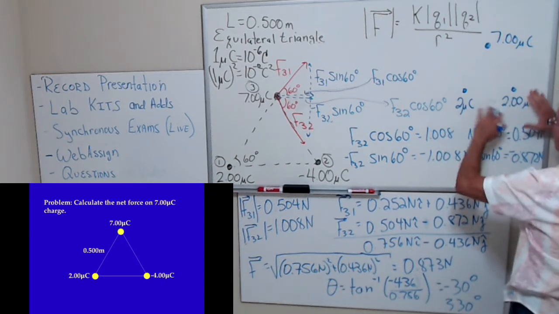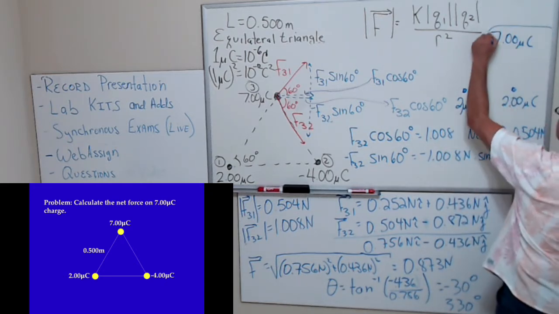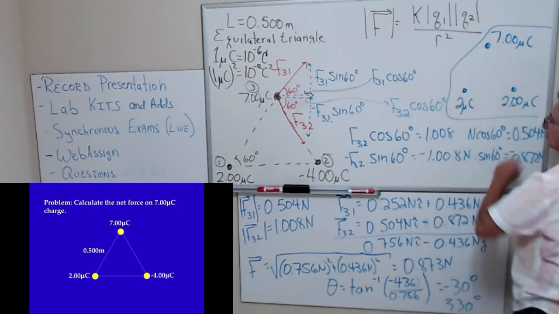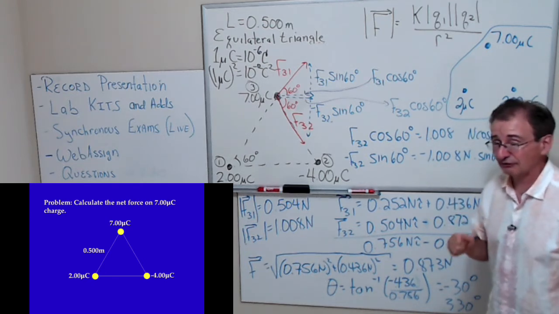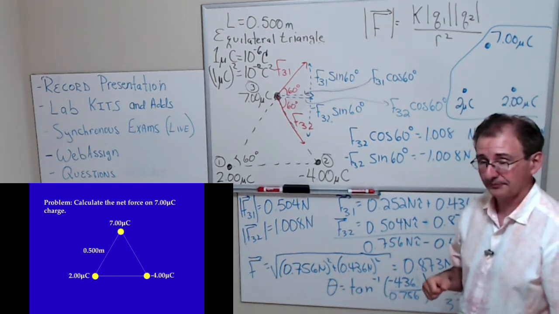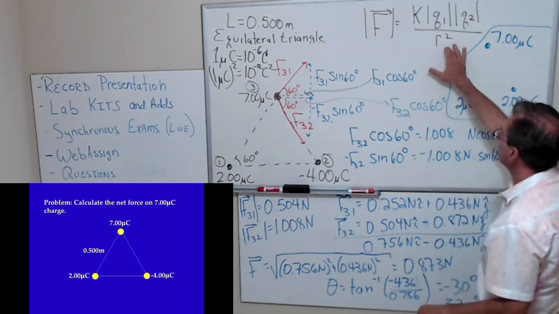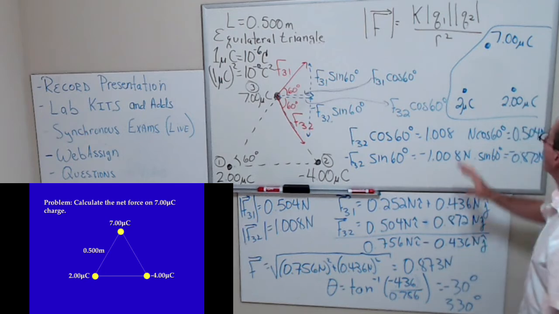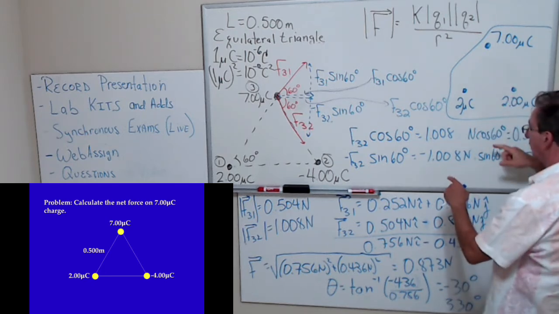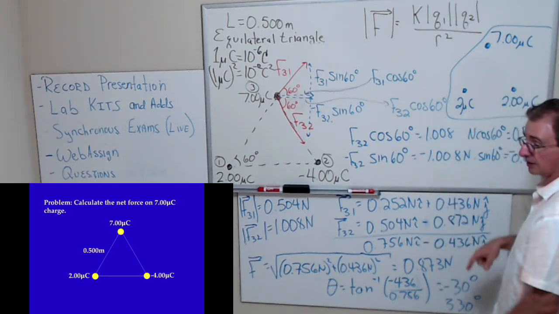This problem here is actually very easy, because it's an equilateral triangle, all the distances are the same, so all my r's are the same, and the charges are going to be the same for both pairs.